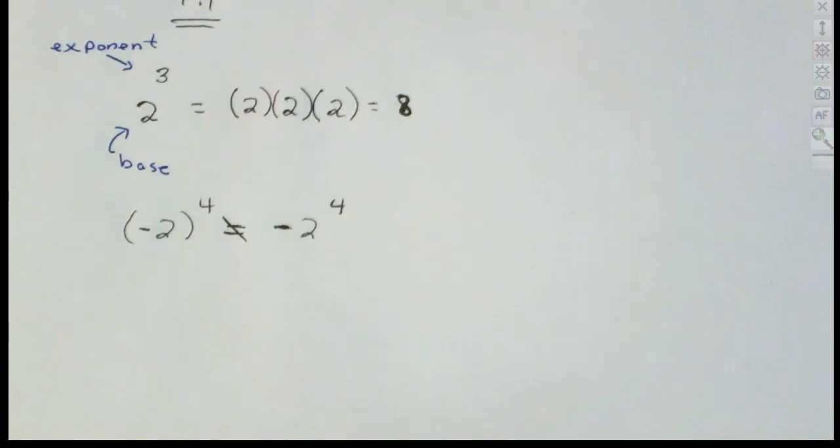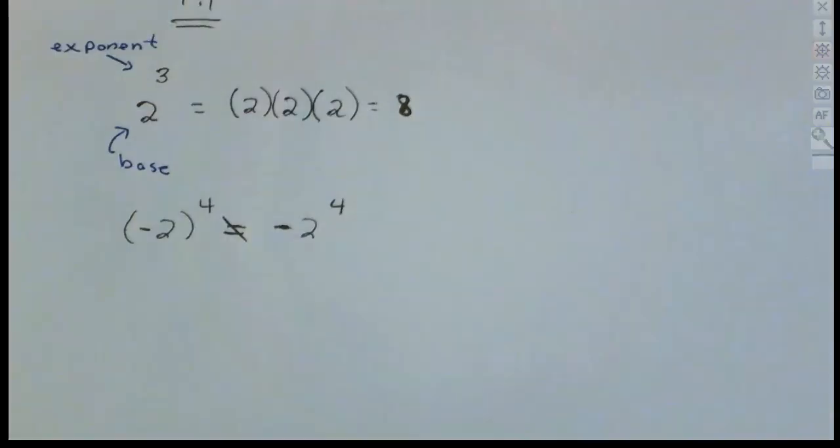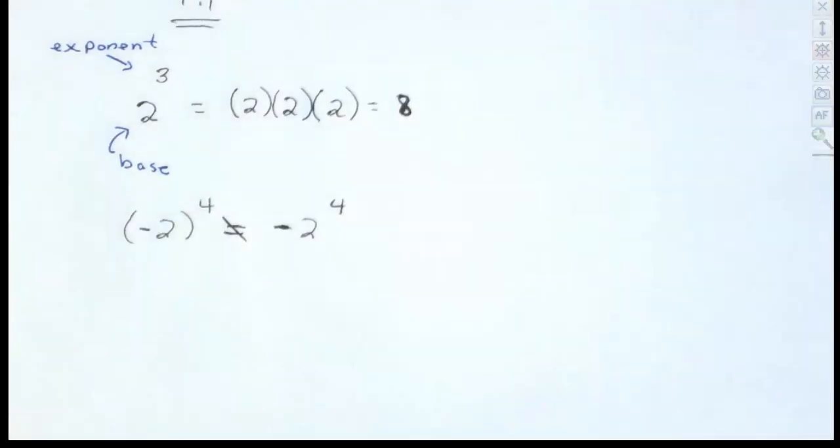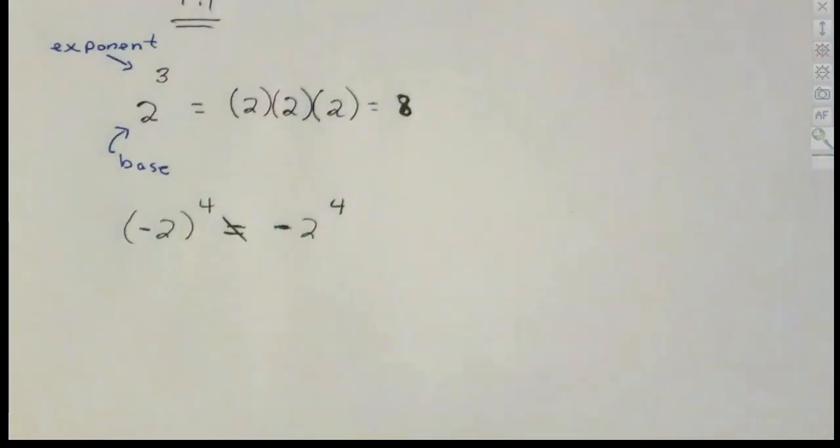If you have parentheses, then it has to be written out, in this case, 4 times.